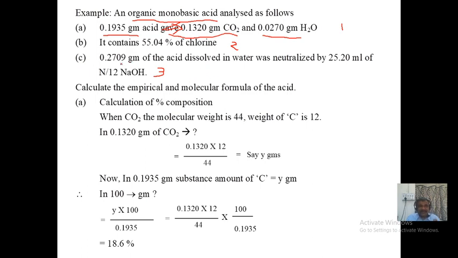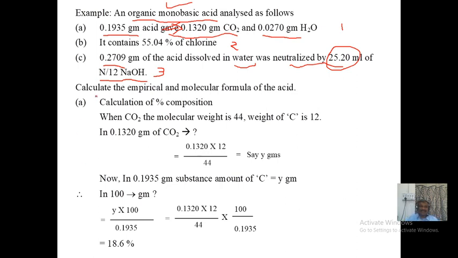What they say, the third group of students, is that, sir, when we took 0.2709 gram of this monobasic acid, analyzed in our laboratory after dissolving it in water, and then tried to neutralize it from the burette, because this is an acid, lab 3 took 0.2709 gram dissolved in the minimum required amount of water, and from the burette, for neutralization, acid base titration, lab 3 says that 25.20 ml of N/12 NaOH was required.